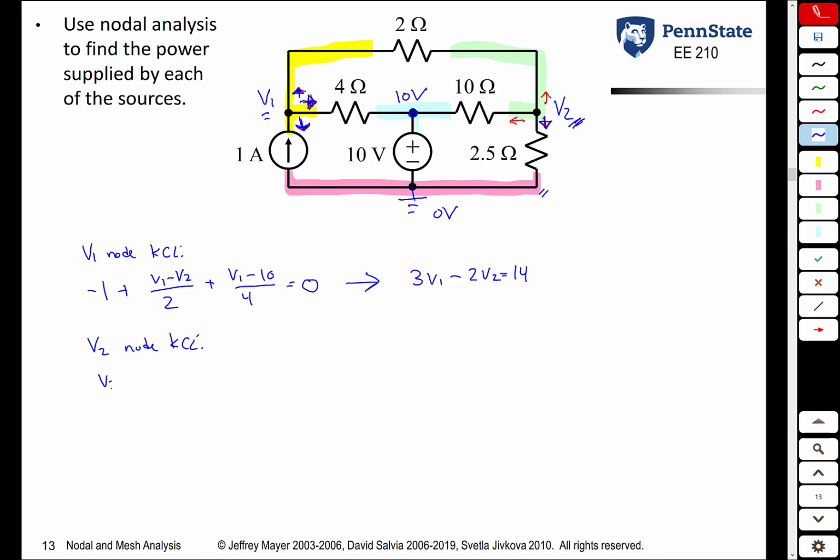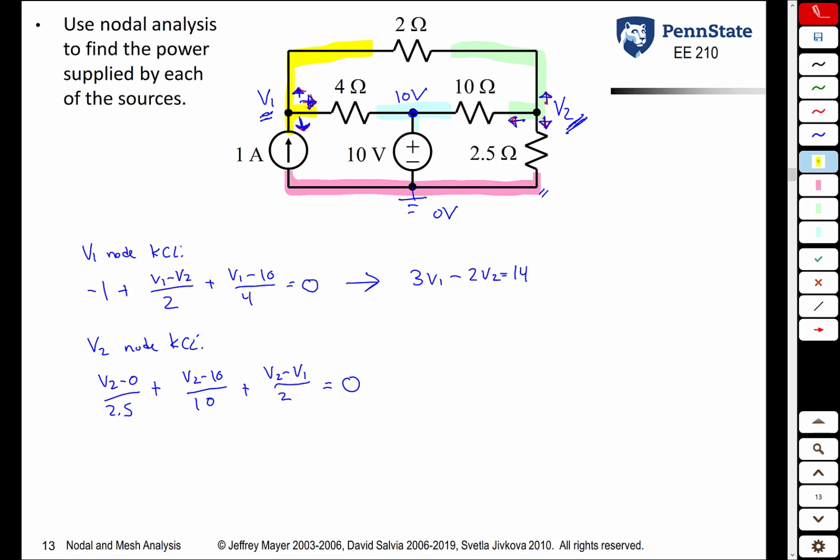So we get V2 minus 0 over 2.5. Current going to the left is V2 minus 10 over 10. Current going up is V2 minus V1 over 2. Sum those, it equals 0.